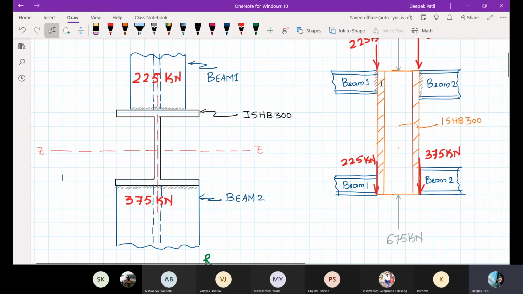Okay, so now you know that it is subjected to uniaxial bending moment. Now, can anybody tell me whether that bending moment is along the ZZ axis or along the YY axis? Now you told uniaxial. Whether that bending moment is acting along the Z axis or along the Y axis?